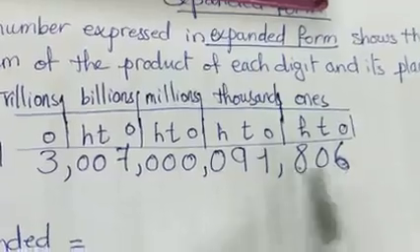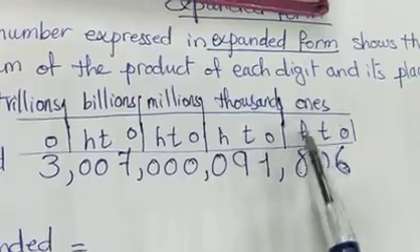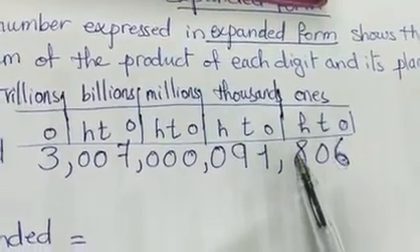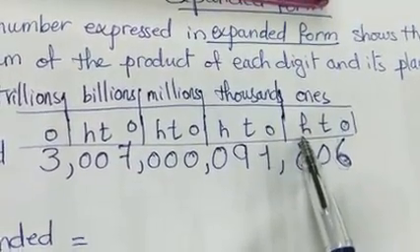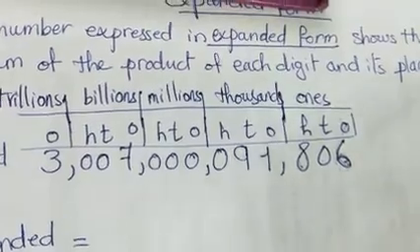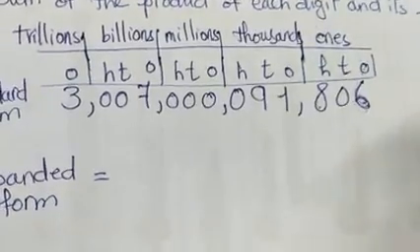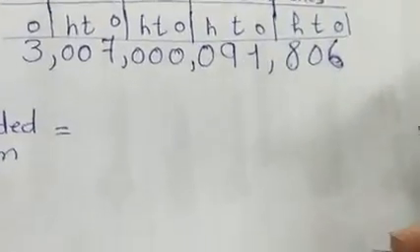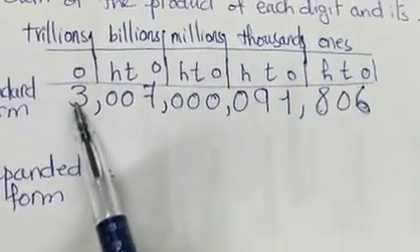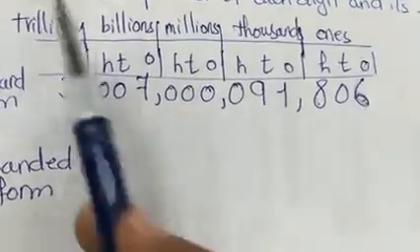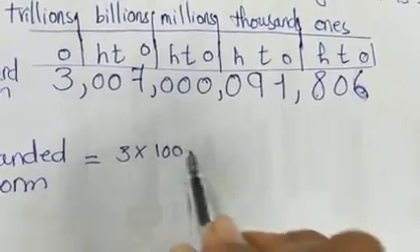Here the digit is 8 and the place value is 100, so I multiply 8 times 100, and the value will be 800. So how will we write it? Now I will start from the left side. I have 3 trillions, so I will write 3 times 1 trillion.